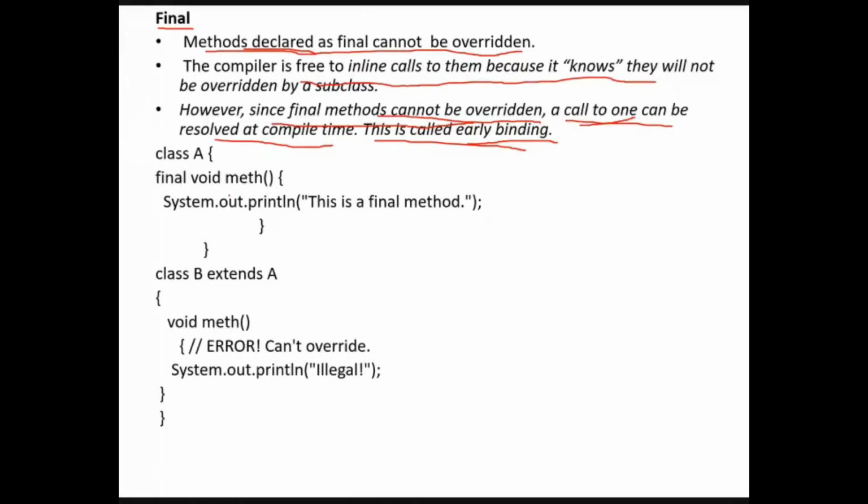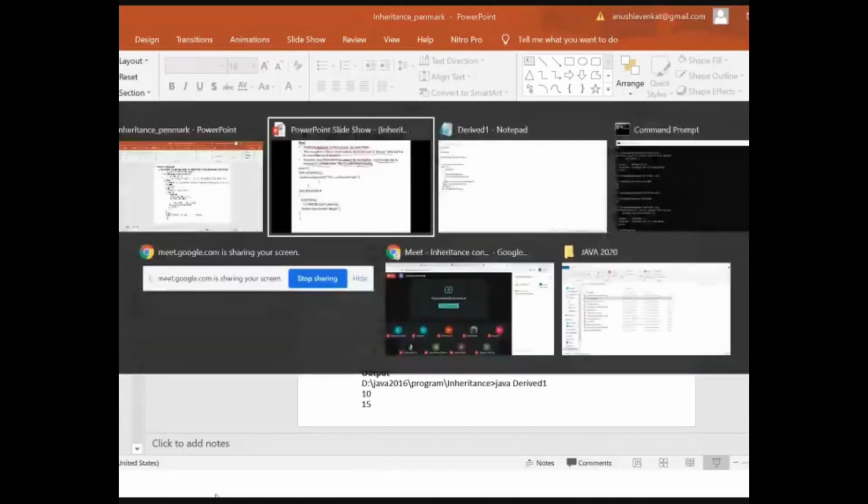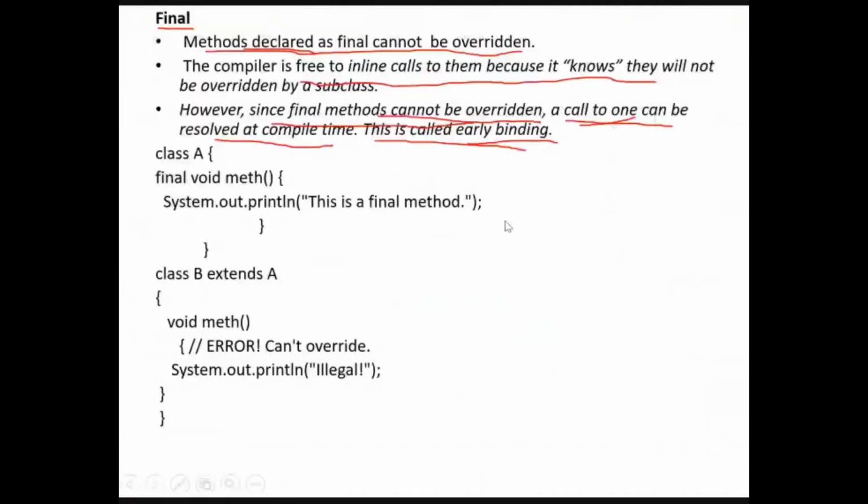Yes, ma'am. Actually, usually we won't do that. If any class contains an abstract method, that time only we have to make the class abstract. If a class does not have an abstract method, there is no need to make it abstract. You will get an error, I thought. Wait, I will check it and then I will tell you. Actually, without an abstract method, you cannot make a class abstract.